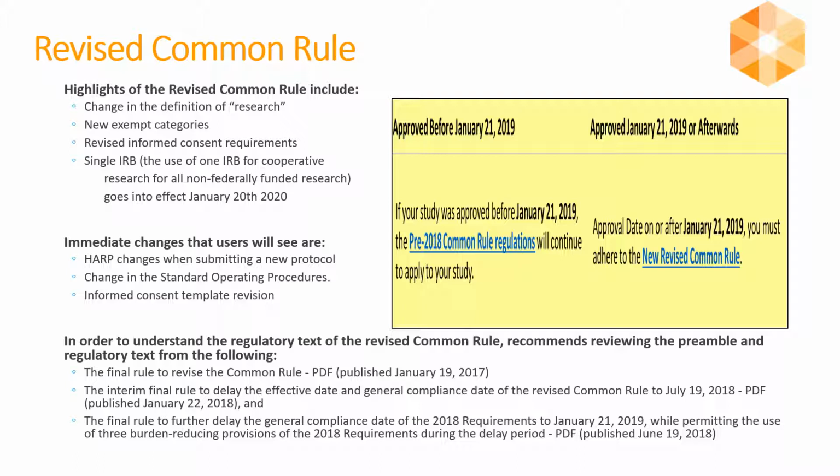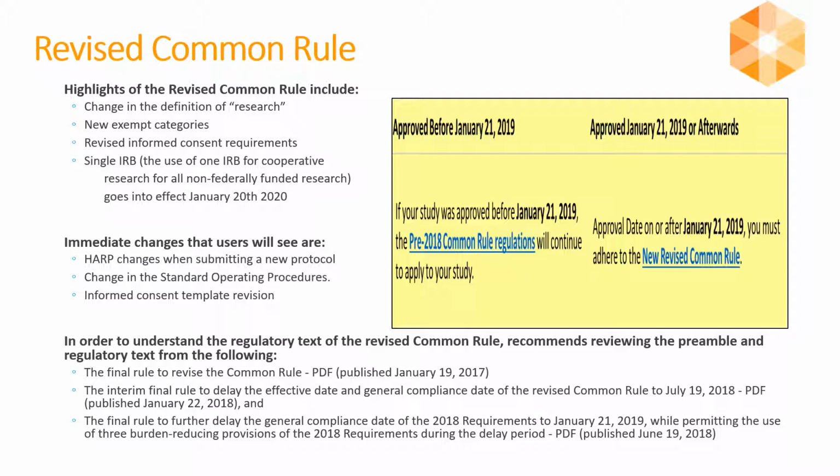Now, if we talk about human subject, the regulatory definition of human subject remains substantively the same, but in the revised common rule, the word data is replaced with information or biospecimens for clarity.